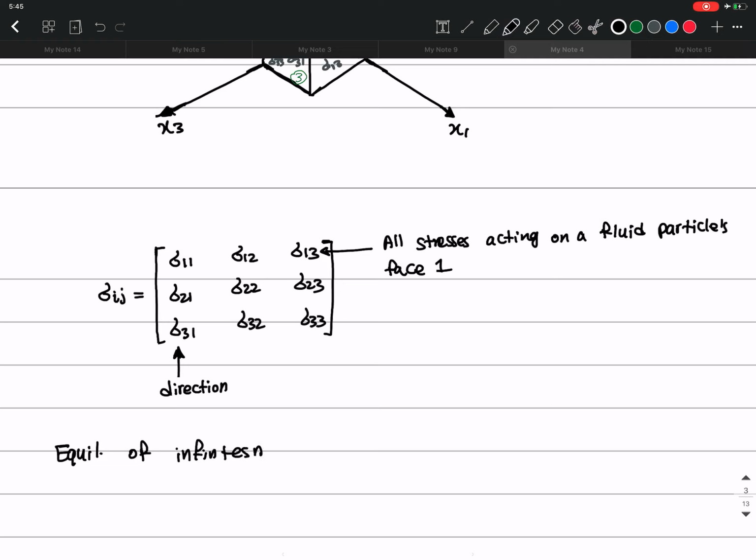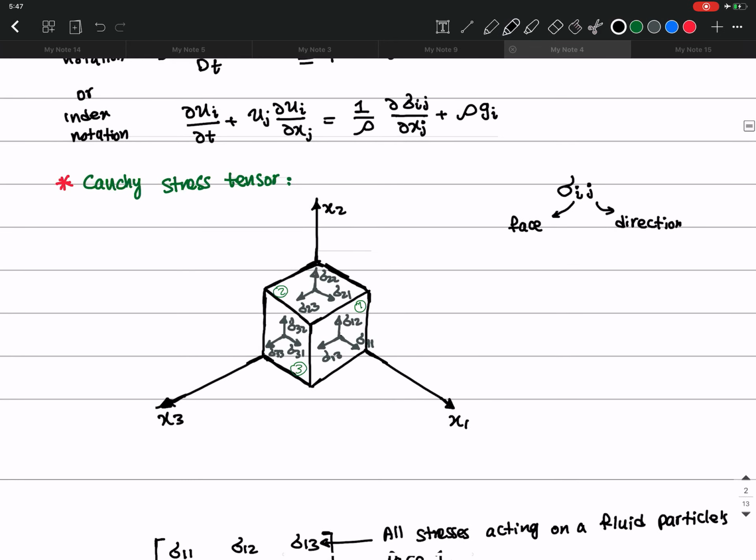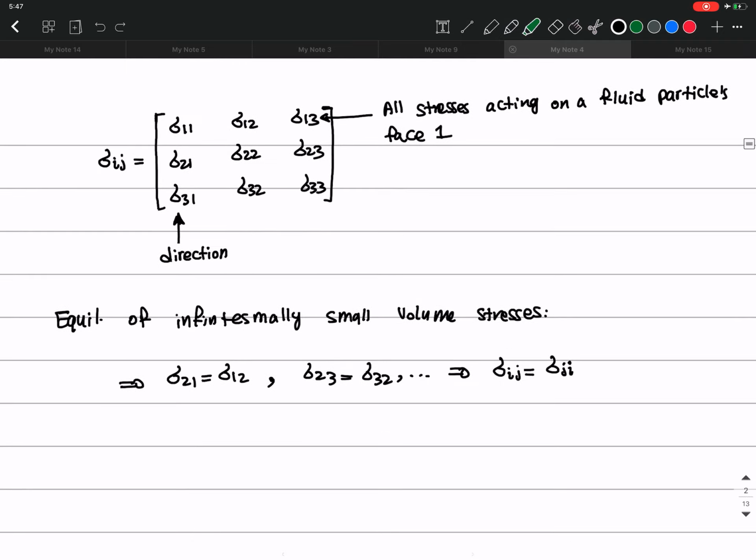Similarly, sigma 2,3 should equal sigma 3,2, and so on and so forth, or in general, sigma ij should equal sigma ji. So this means that sigma ij is symmetric.